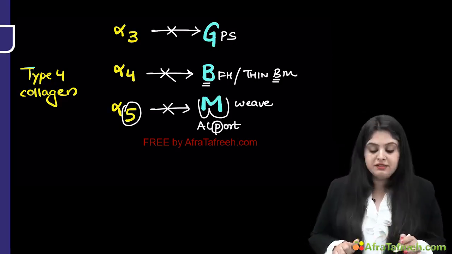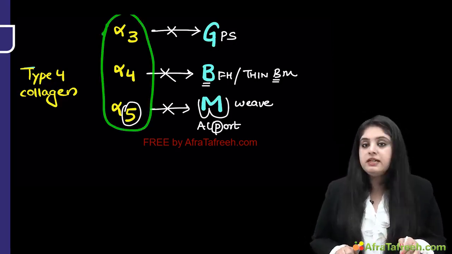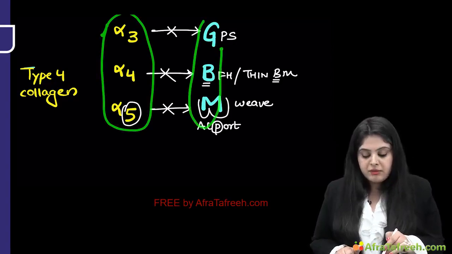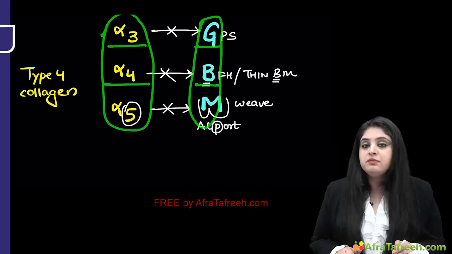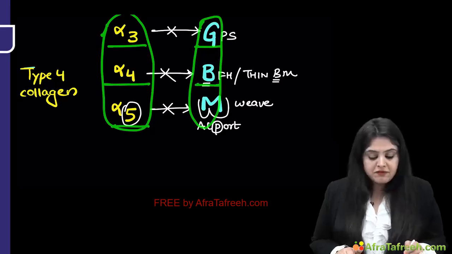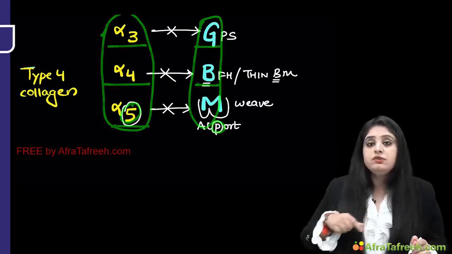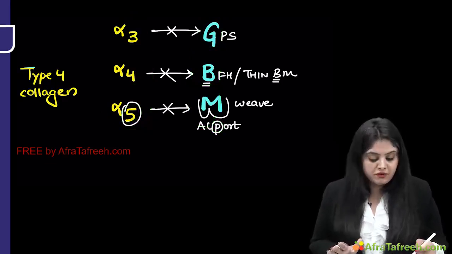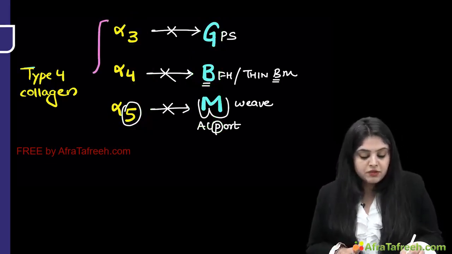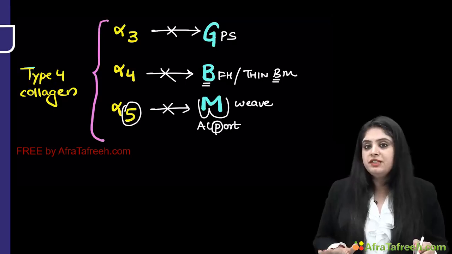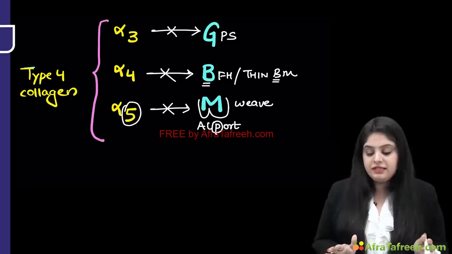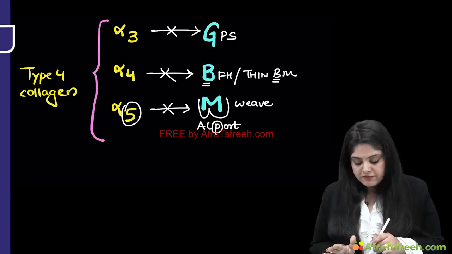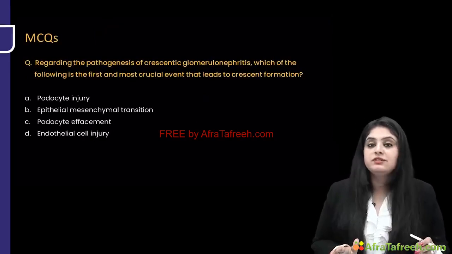So please remember guys, alpha 3, 4, 5 you write in the exam, glomerular basement membrane you write in the exam. Alpha 3 means GPS, alpha 4 is basement membrane thin, and alpha 5 is anyway alpenta, in which you see the weave appearance, and this is your final mnemonic. So I told you that first you have to understand, and I will always help you with the mnemonic thereafter. With which we wrap up all our nephritic syndromes, so we are definitely ready for some questions.